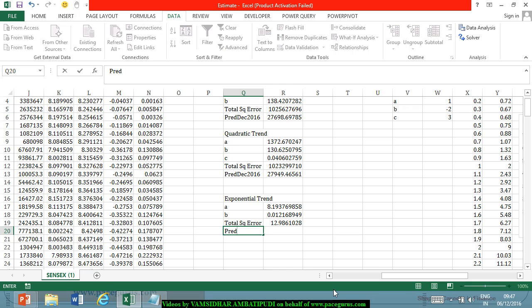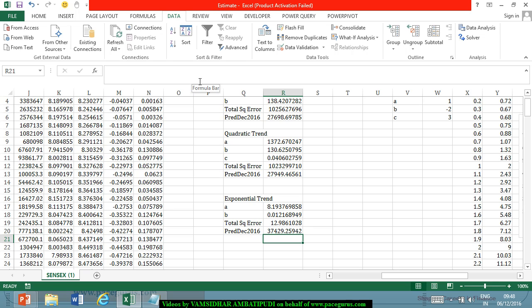Similarly, the predicted December 2016 forecast going with the exponential trend is A plus B times 192. But this is log Sensex, so I have to take the EXP of this to get my Sensex estimate for December 2016.